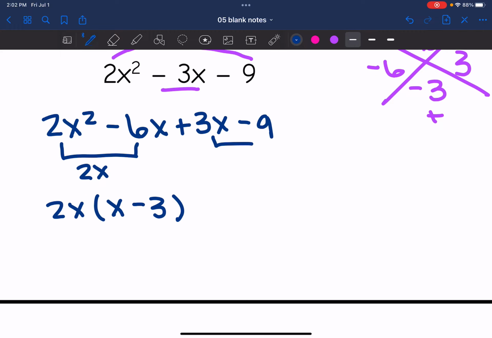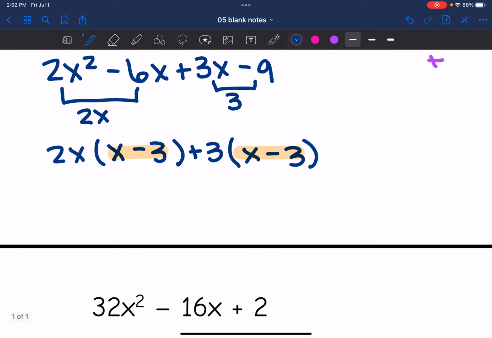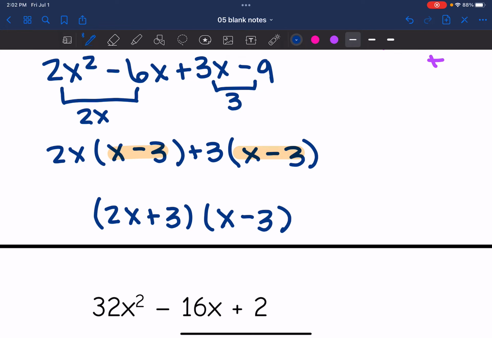And then the GCF of 3x minus 9 is 3. And 3x divided by 3 is x. Negative 9 divided by 3 is negative 3. So now I have the common factor. I can factor it out. So my two binomials are 2x plus 3 times x minus 3.